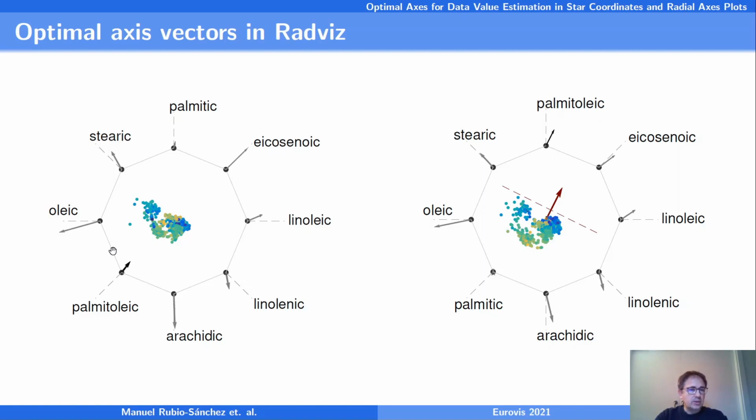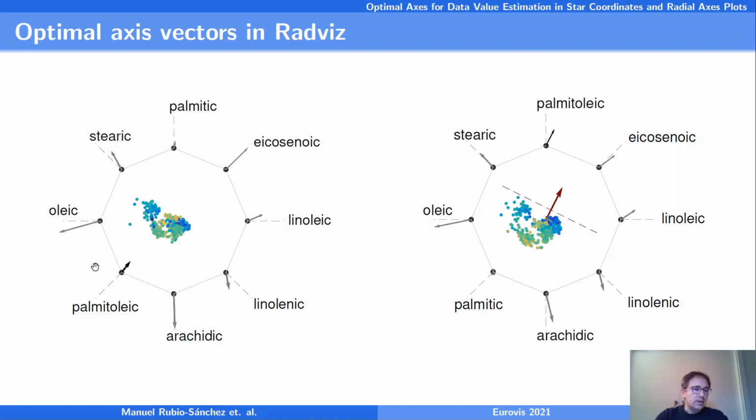And this is very strange because the values of a variable should increase in the direction of the anchor points, but they seem to increase in the opposite direction. So this clearly indicates that the ordering of the variables here in the Radvis plot is poor.